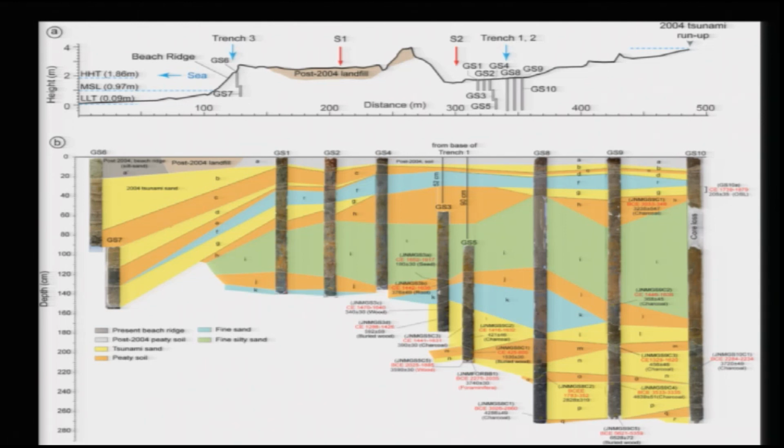So, this diagram in yellow color shows the tsunami sand, and this is the importance of the topographic profile which we took, and then we also looked at the low tide level, mean sea level and high tide levels. Based on this, we identified that the area subsided by around 45 to 50 centimeters in this area.